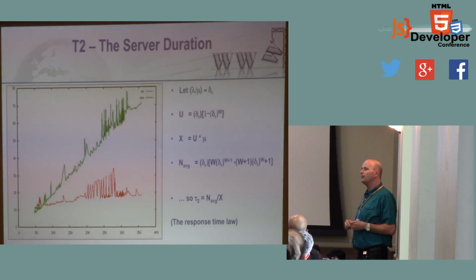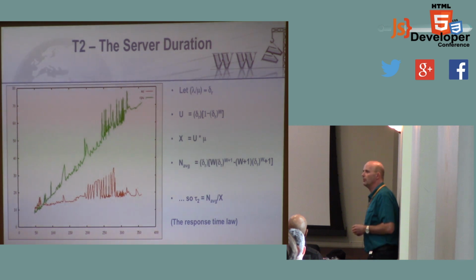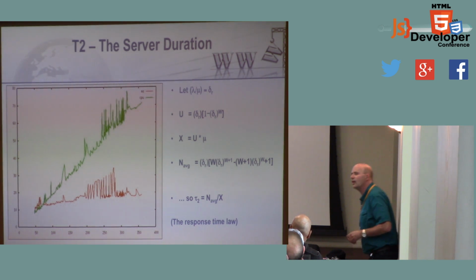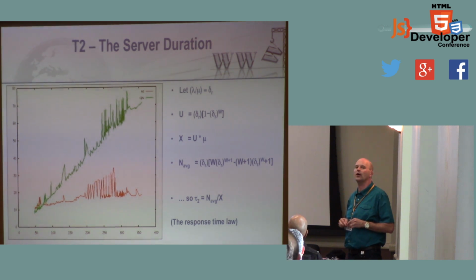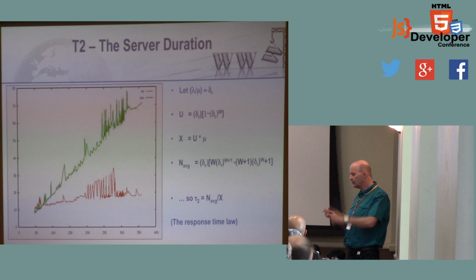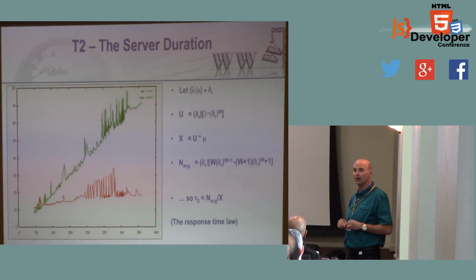But if he requests his Facebook page 10 times in a row, remember we did this with DNS earlier, he's going to get wildly different results each time. So the first question I have for you is, why is T2 not constant? Shouldn't it be constant? Make the same request from the same place to the same server at the same time, and I get different results. It should be a constant.